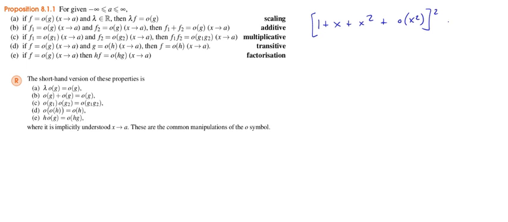Squared, right? So then we have 1 plus x squared plus o of x squared, right?